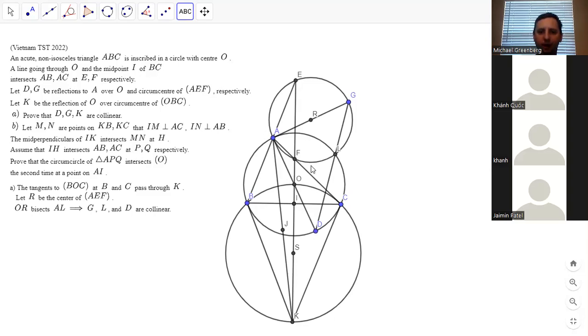Because angle DAC, we want to show it's equal to angle AEF, which is 180 minus A, then minus this, which is 90 minus C. So first I'll say angle AEF.